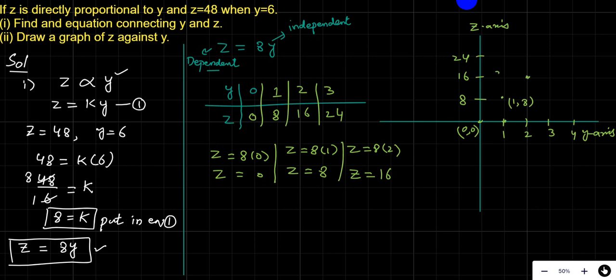You can write 2, 16 here. Then 3, 24. You go exactly opposite it. This will be your third point. Similarly the next points will be 4, 32, 5, 40 and so on.